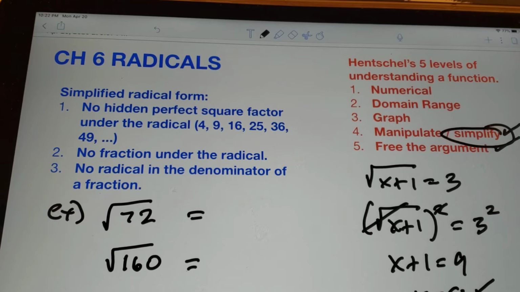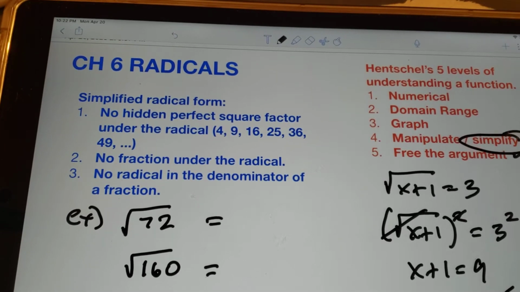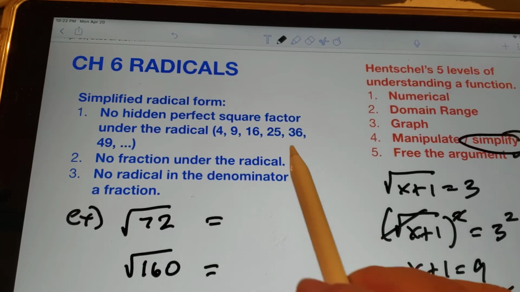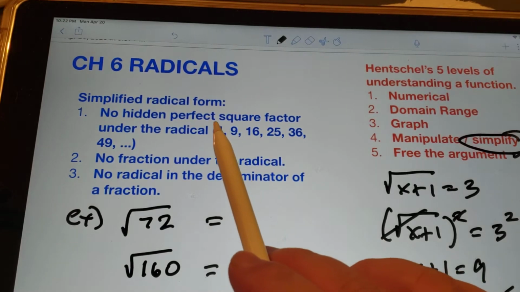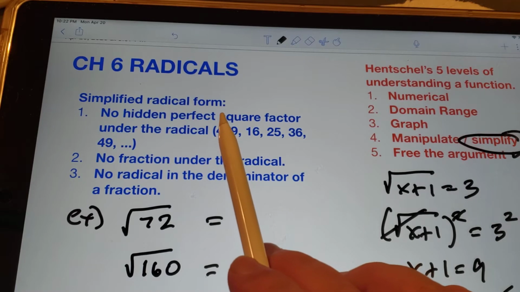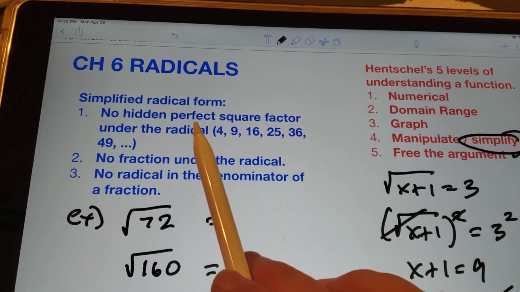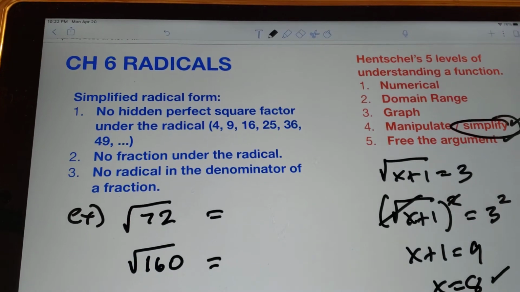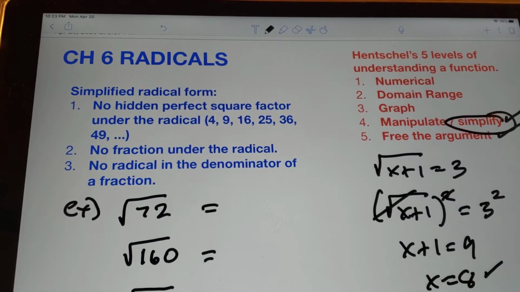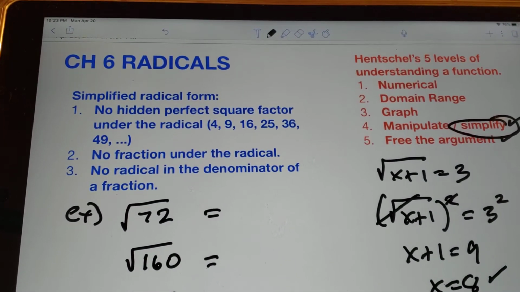And I'll explain why. All right, so here are the 3 rules, and there really are only 3, for what we call simplified radical form. Now, by the way, this function's unique. Radicals, most functions do not have a simplified form. If you looked on your calculator, you'd see buttons like sine, cosine. We've already talked about logarithm.